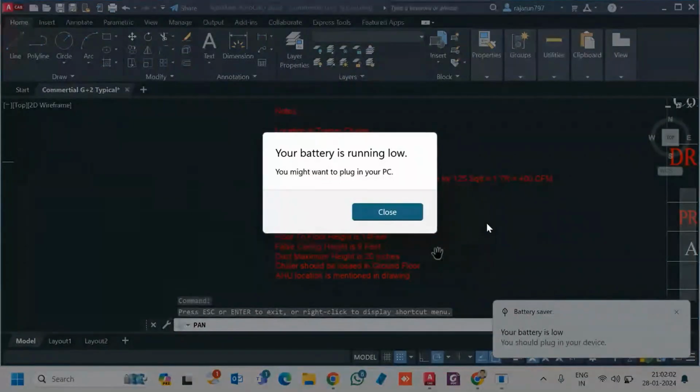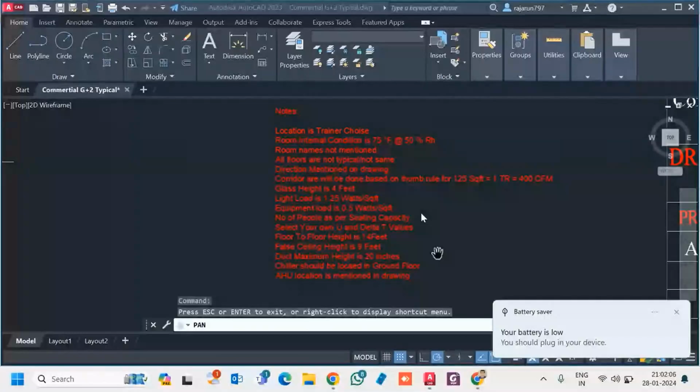And the next, false ceiling height 9. So by using these factors you do the load calculations.